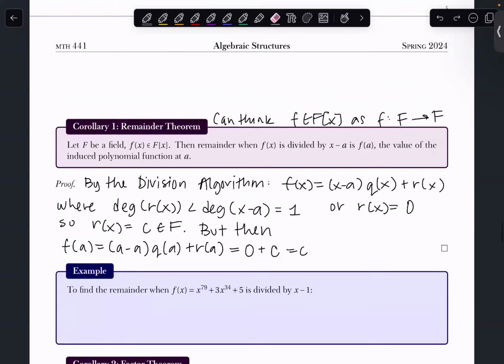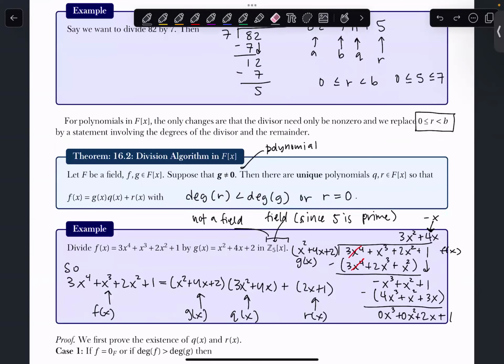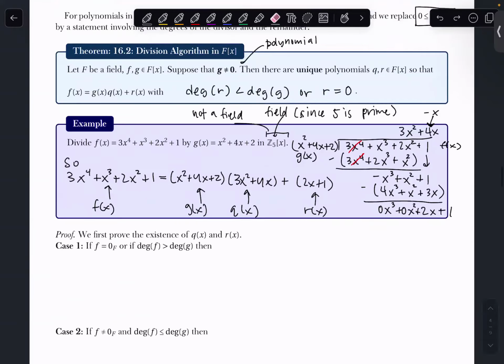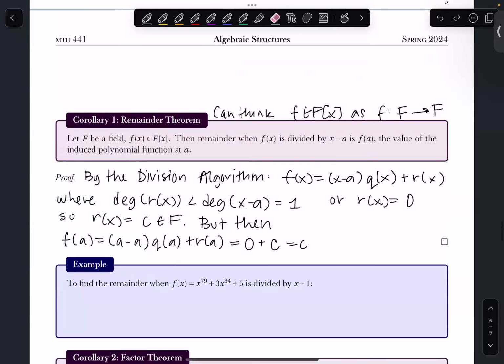If I look back at my theorem, I said that either r of x has a smaller degree than g, or it's the 0 polynomial. In either situation, I get a constant polynomial, which was the goal: to show that I got that same number no matter what. When I plugged in a for my function, I got the same exact number as my remainder.